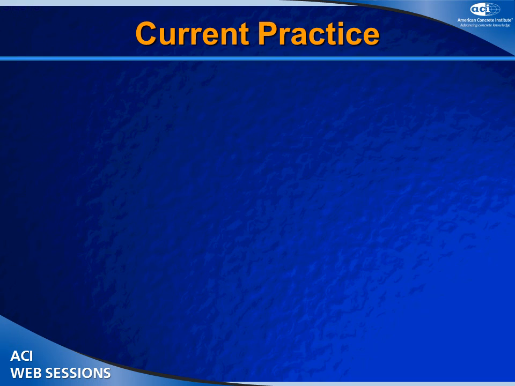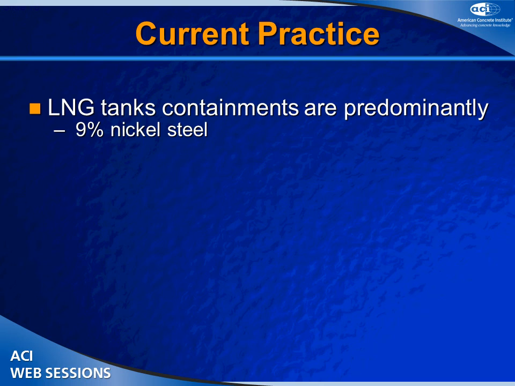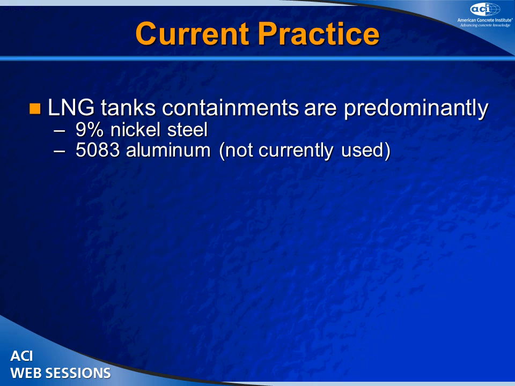What's the current practice? Currently, LNG tank containments are predominantly 9% nickel steel. There's 5083 aluminum listed, but really not used. Stainless steel and Invar steel could be considered, but they are very expensive, so it's not really practical. Both metals are extremely tough at these temperatures.